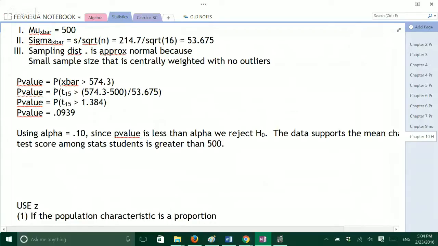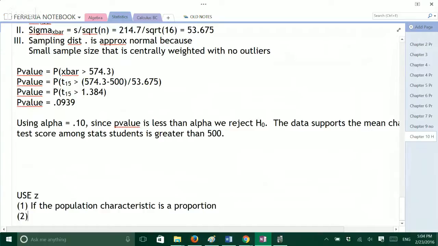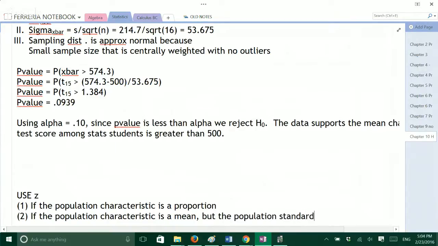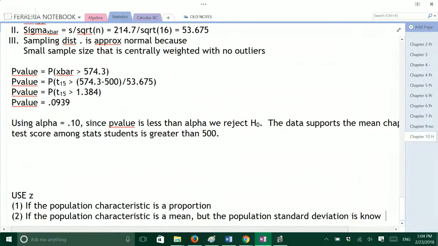Two, if the population characteristic is a mean, but the population standard deviation is known. Oh, that should be and.